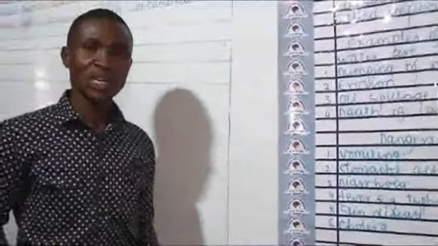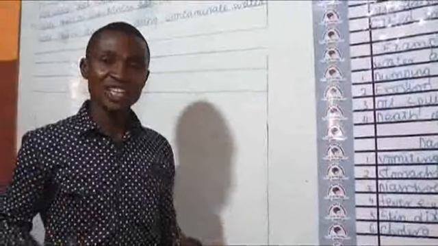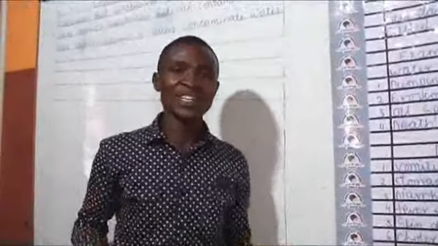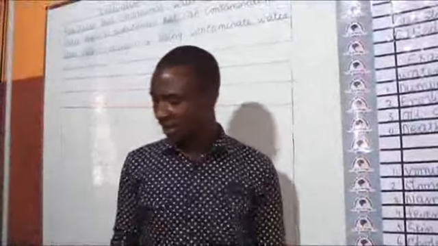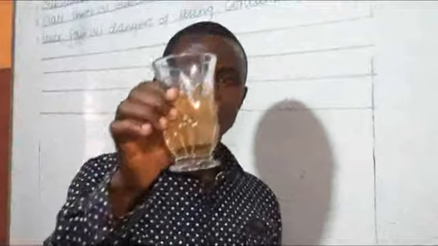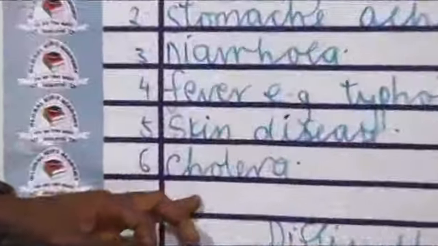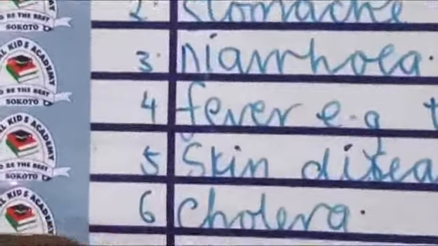Children, skin disease can occur as a result of bathing with contaminated water. Always ensure that you bathe with clean water and not contaminated water. The last danger of using contaminated water here is cholera. Drinking contaminated water can lead to cholera.